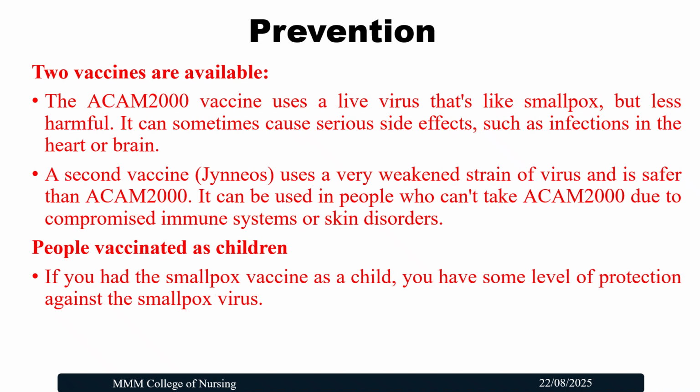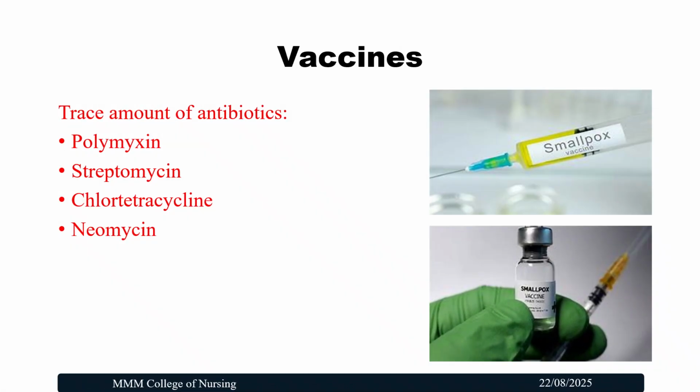People vaccinated as children: if you had a smallpox vaccine as a child, you have some level of protection against the smallpox virus. Trace amounts of antibiotics: polymyxin, streptomycin, chlortetracycline, neomycin.